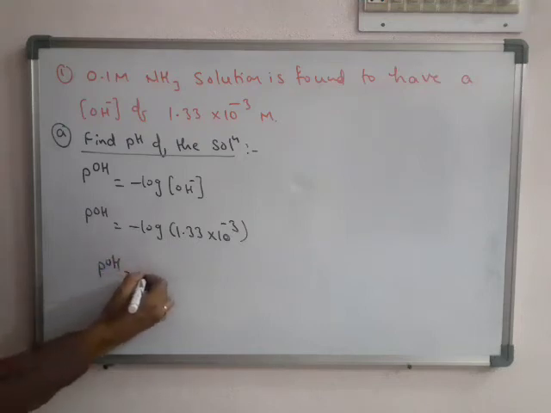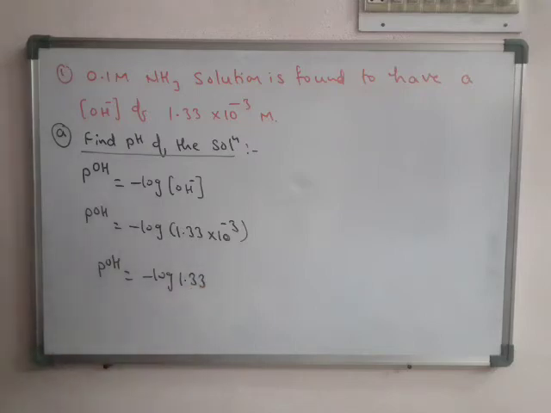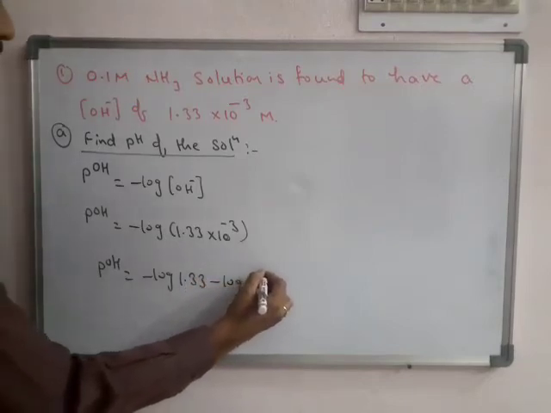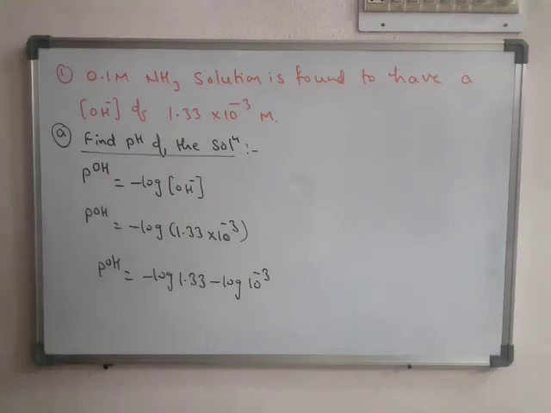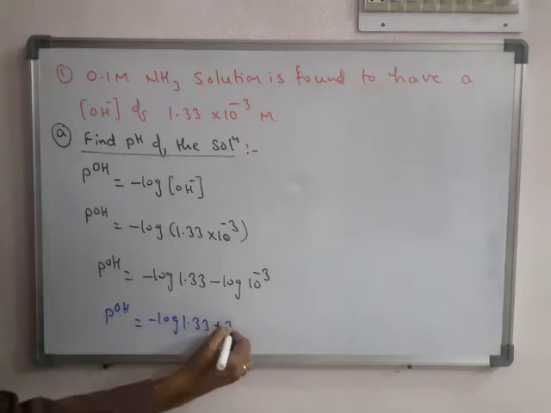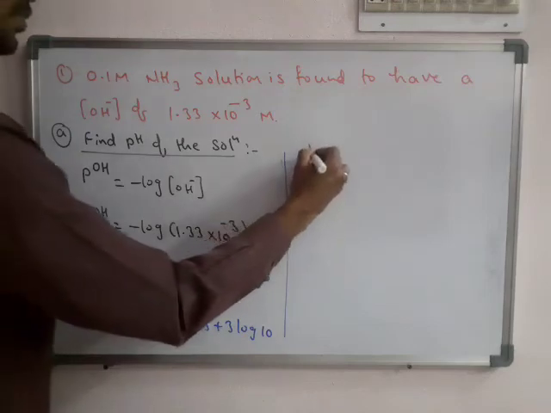OH minus concentration. So that is minus log 1.33 into 10 power minus 3. We know the log of 10 is 1.